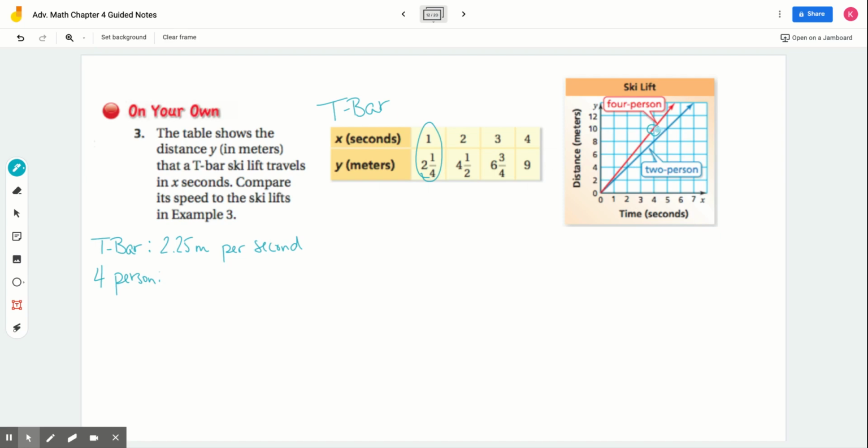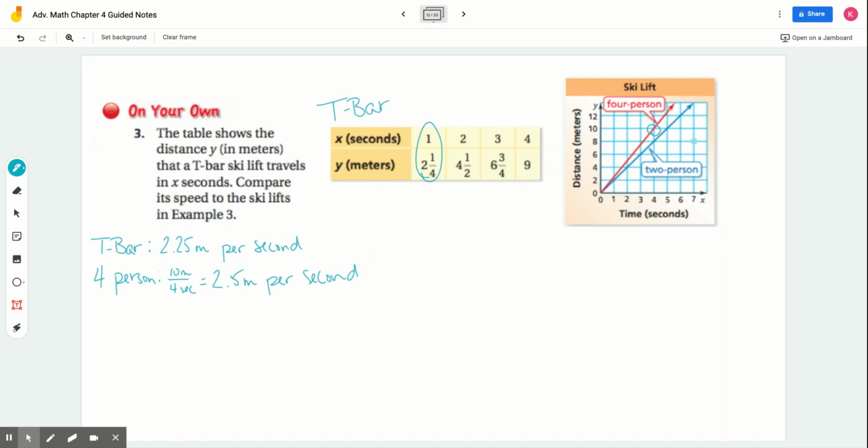So 10 meters in 4 seconds is equal to 2.5 meters per second. We can divide these. 10 divided by 4 is 2.5. So 2.5 meters per second.